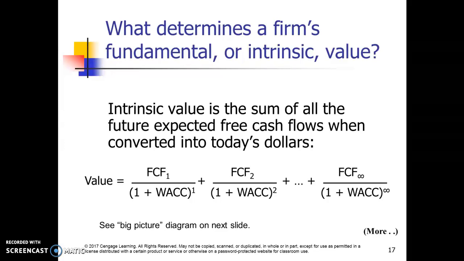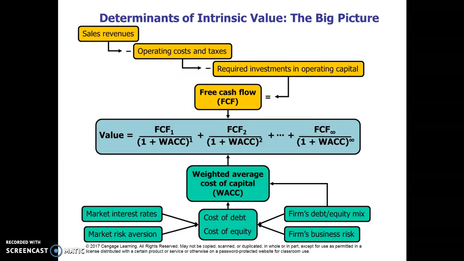Over the course of the years, it's the free cash flow divided by the weighted average cost of capital, and you can see the calculation here. This is a great chart, and I'm not going to walk through all of it, but this is a great way to see, hey, here are the pieces of the puzzle for free cash flow. Here are the pieces of the puzzle for weighted average cost of capital, and you can see how this all comes together to get a firm's value and what it's really worth.